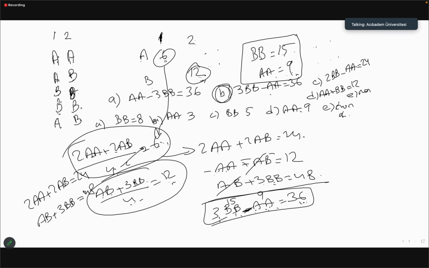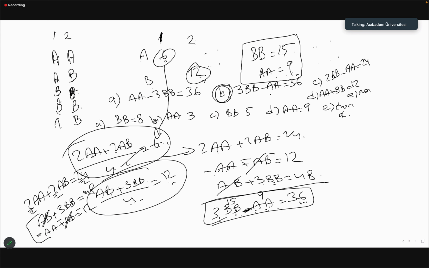Now I want to cancel. Here I can divide everything by 2. So I end up with AA plus AB equal to 12. Correct? So I have these two equations. How can I cancel AB? I subtract this from this one. If I multiply this with minus 1 and add these two, AB's will cancel. Plus AB minus AB.